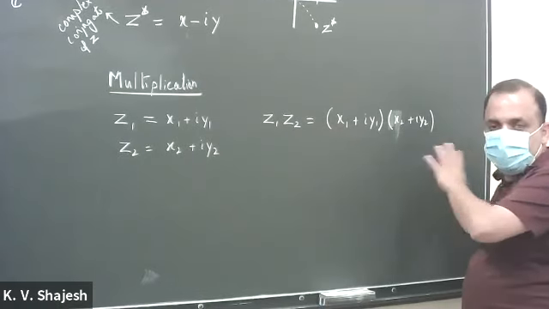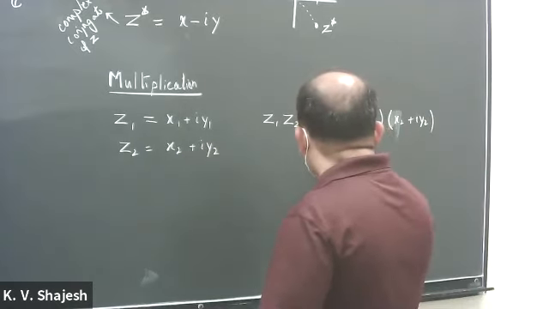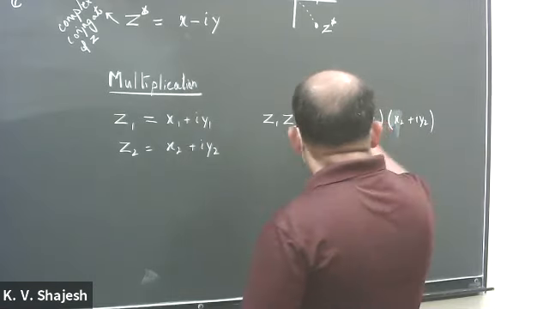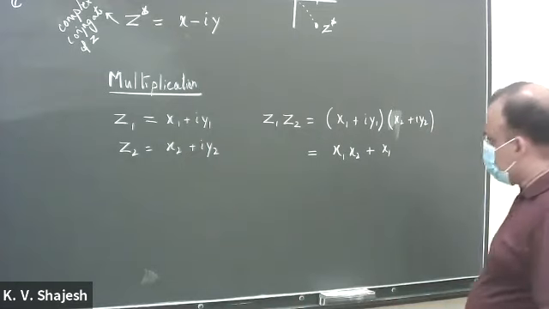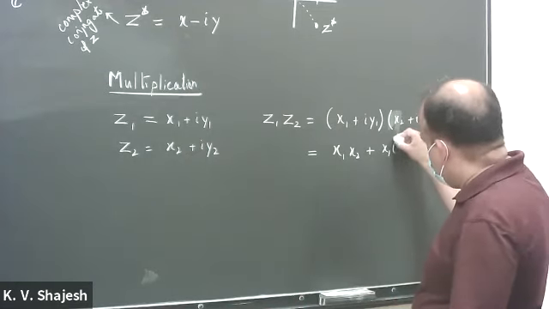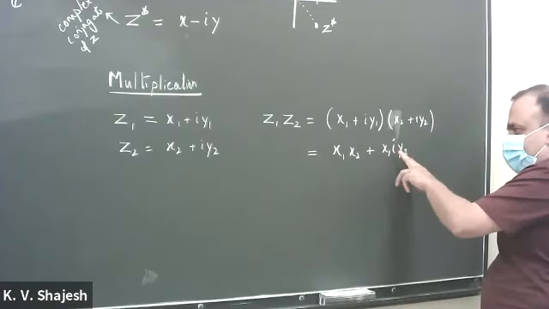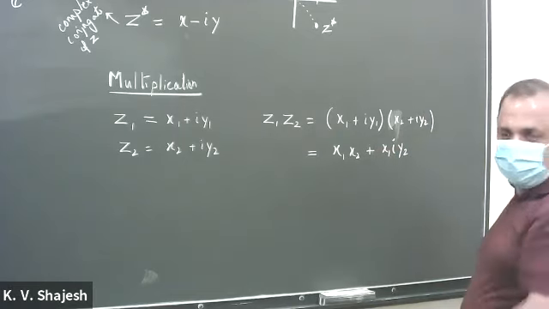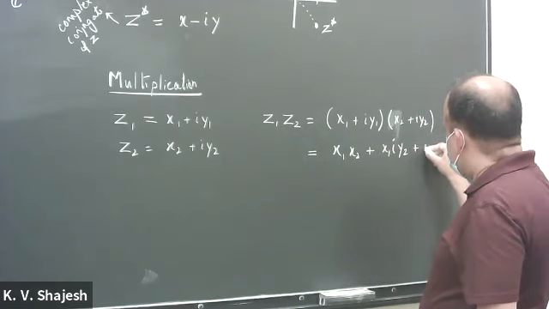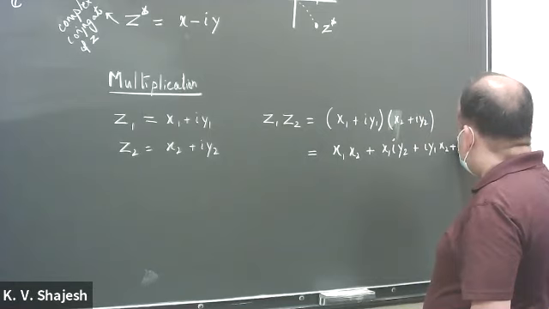We will have the same distribution law. So x1 times x2, same distribution law. Let me be careful here, just to show you what the new properties we are introducing are. We only know how to multiply two numbers, right? Now there is a new property here, i. So it's not very obvious to me: can I move the i to this side? So this is i times y1 x2 plus i times y1 times i times y2.